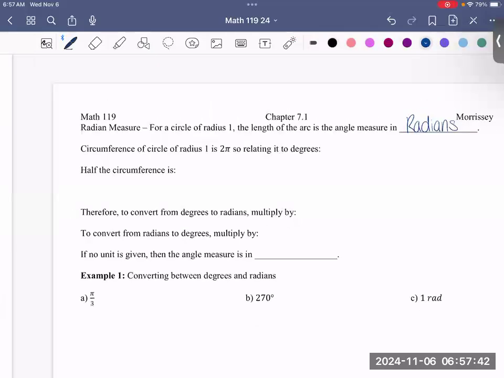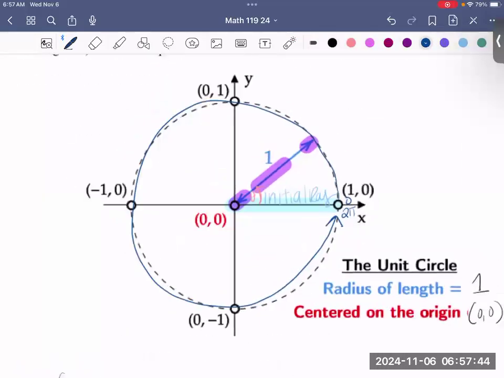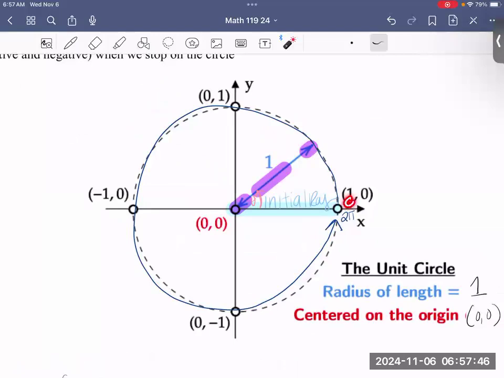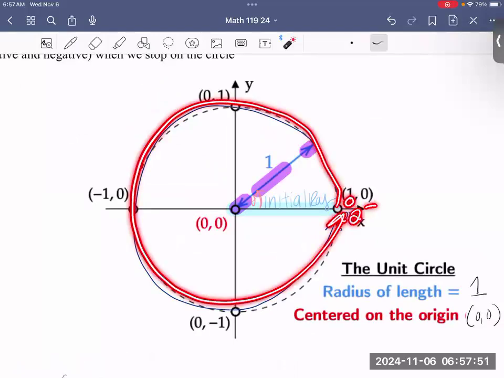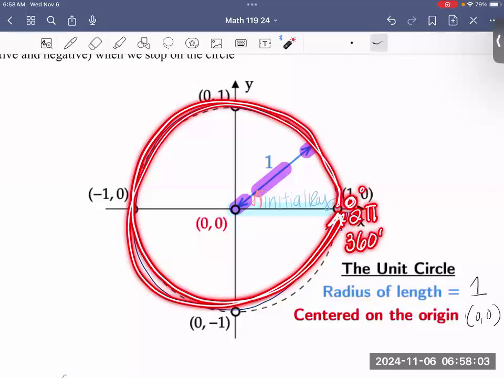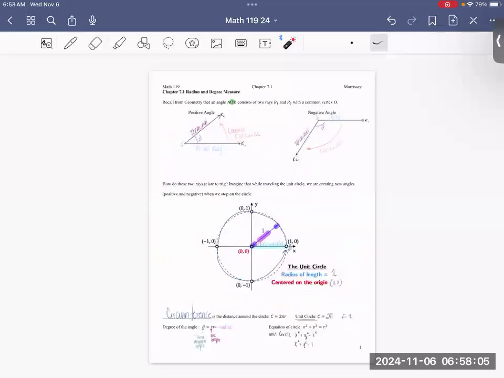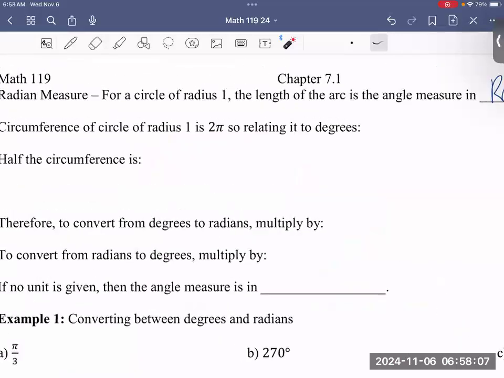However, 2 pi is related to what in degrees? If we start at 0 and travel around the unit circle, that's going to take us to 2 pi. So what if it was in degrees? If this is now 0 degrees, we've now traveled all the way back to 360 degrees. Turning in a full circle back to center is 360 degrees.